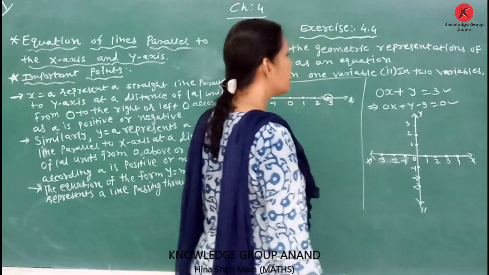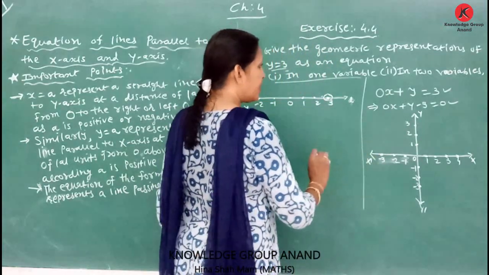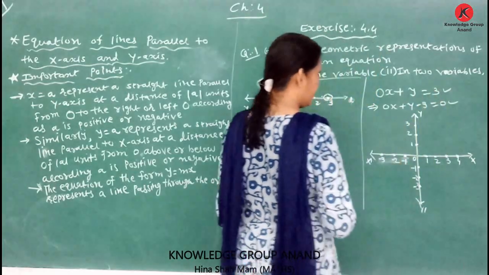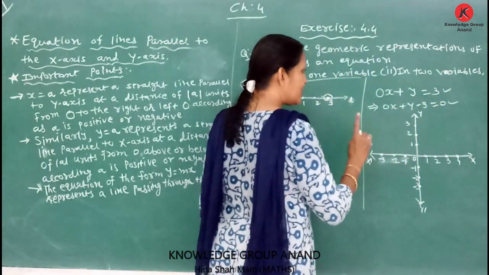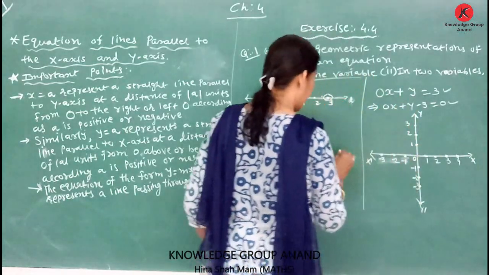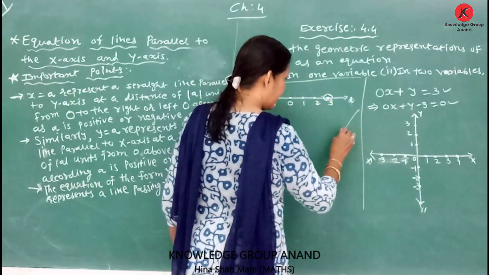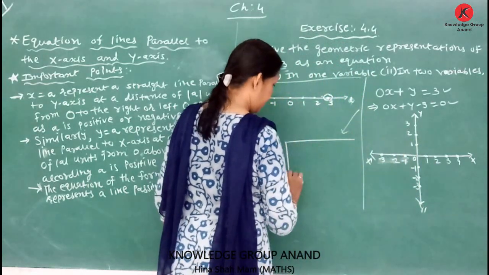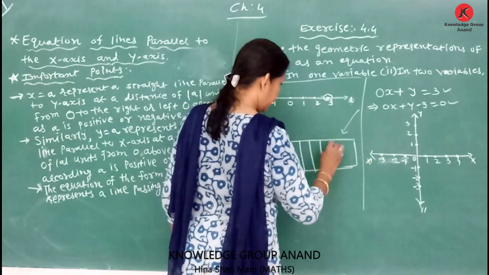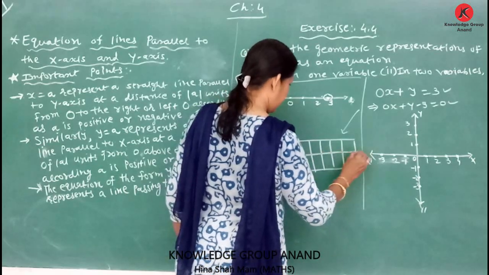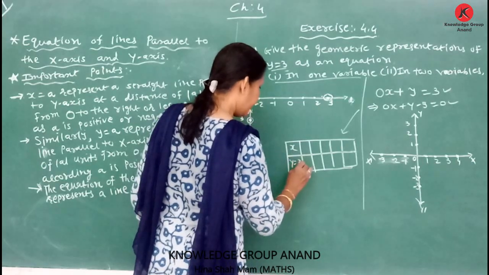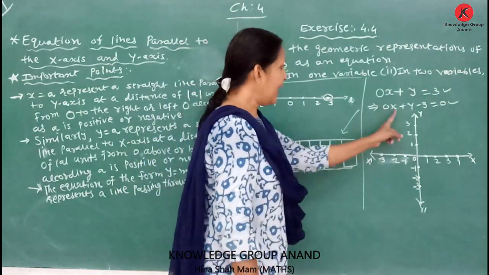First we prepare its table for 0x plus y is equal to 3. Putting values of x, I draw the table with x and y, where y is equal to 3. Taking x is equal to 1.